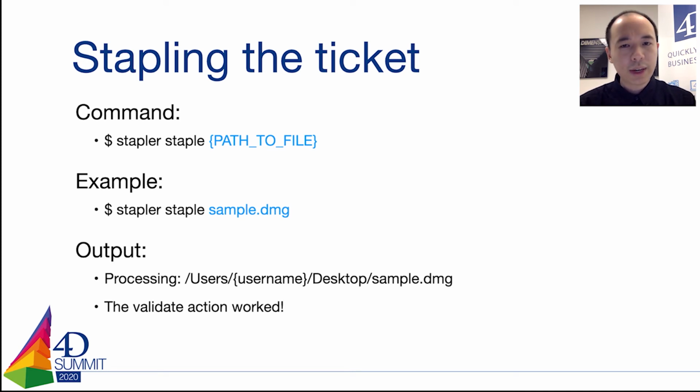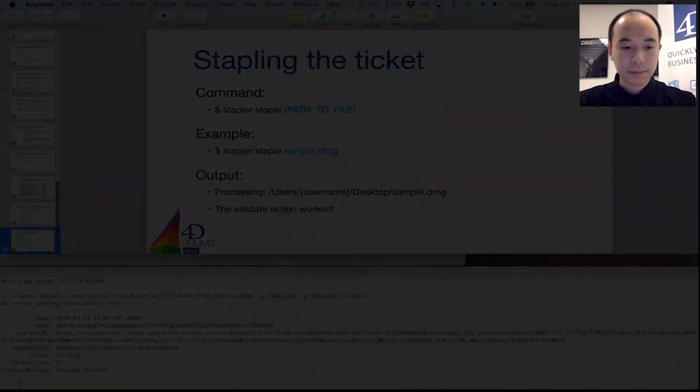So in the rare instances where users are running your application without internet, Gatekeeper can simply check the ticket that is stapled directly to the application without looking on the internet. How you do that is using the command stapler, staple, and the path to the file.